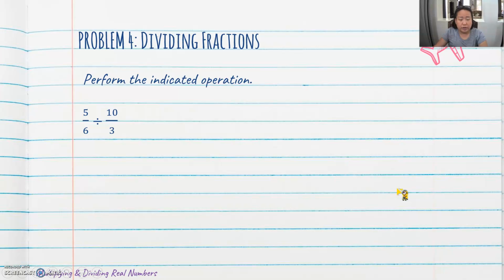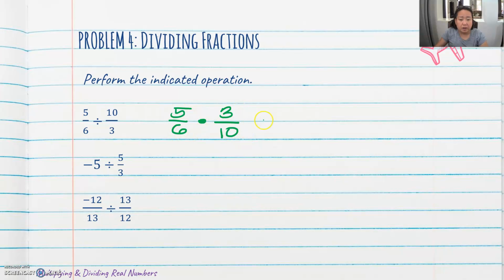Here are some more examples that we can try out. We have 5 over 6 divided by 10 over 3. We have negative 5 divided by 5 over 3. And then we also have negative 12 over 13 divided by 13 over 12. Let's work on the first example. We change the division sign to multiplication, and we get the multiplicative inverse of our divisor. So it's 5 over 6 times 3 over 10.